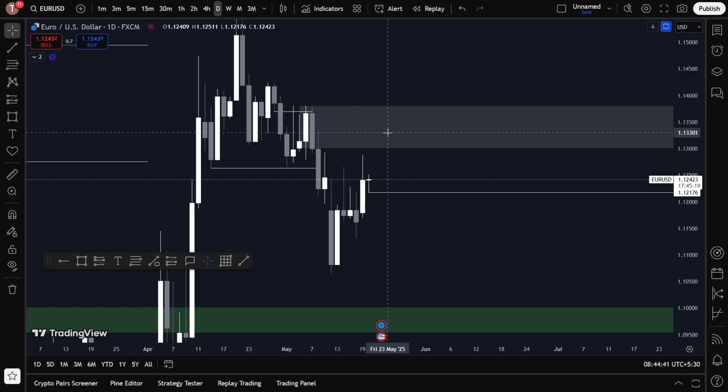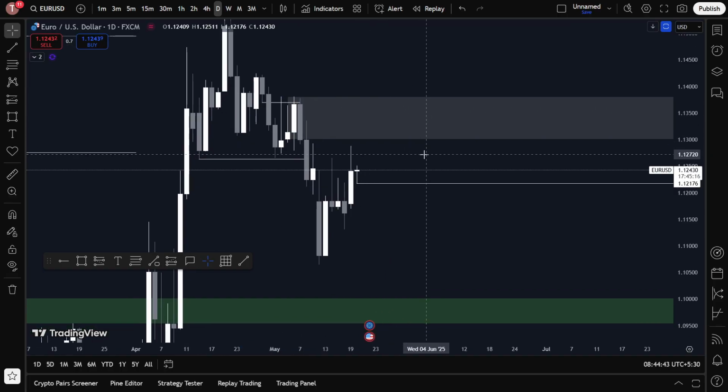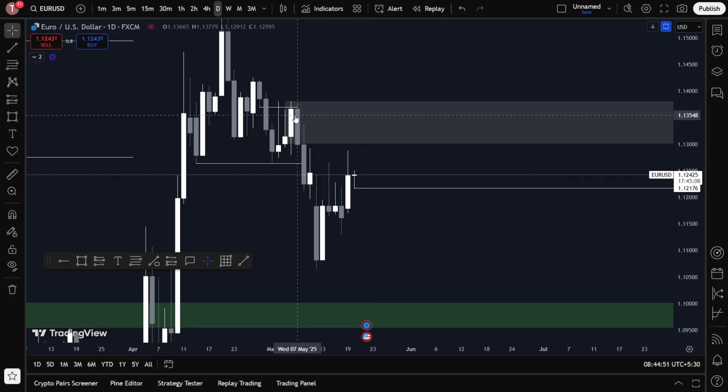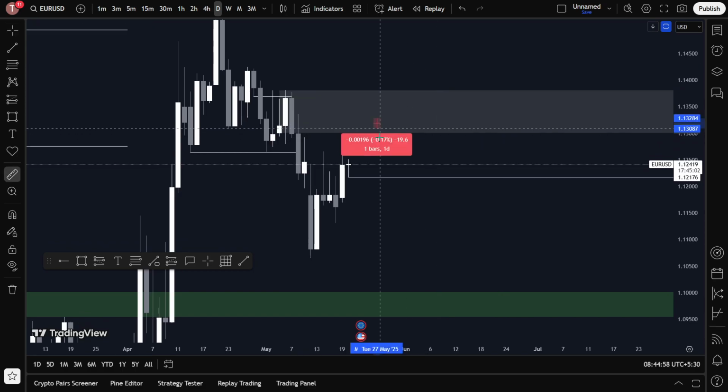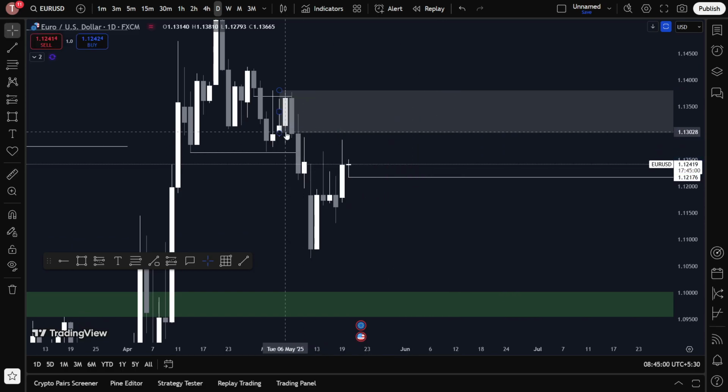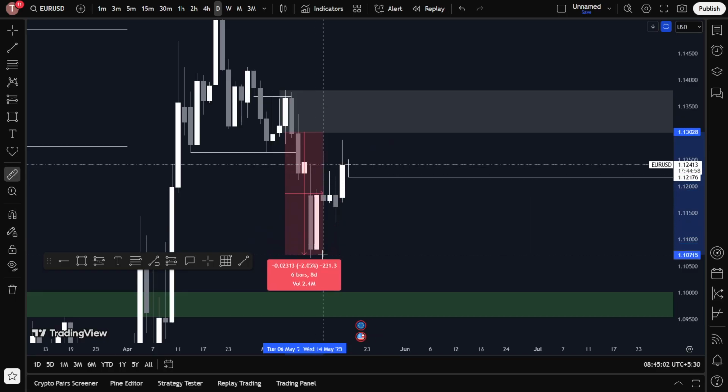We respected this FVG, concluding that we are bearish in the market, and this is the last POI actually from where the price pushed into the downward side, and we got to see a move of almost 200 pips.